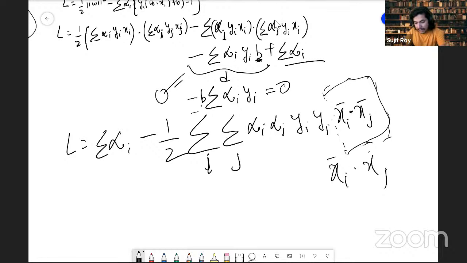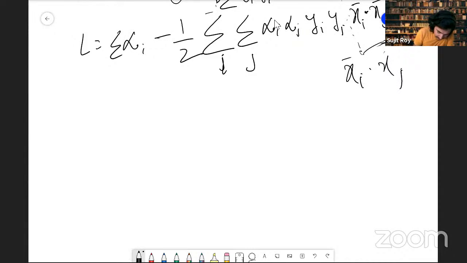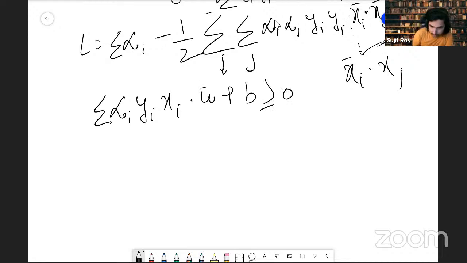Now let's put all of them into the decision rule that we drew in the beginning. We can say that it will be sigma alpha_i y_i x_i dot u vector plus b greater than or equal to 0.